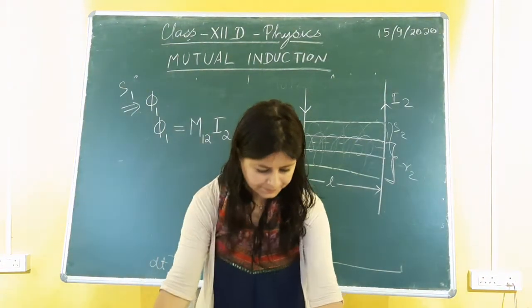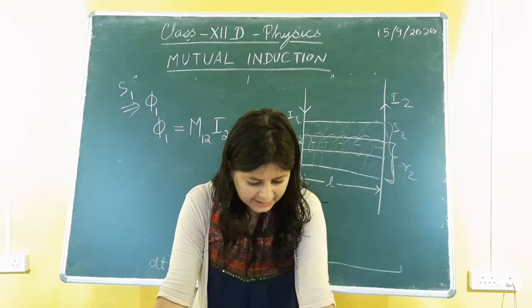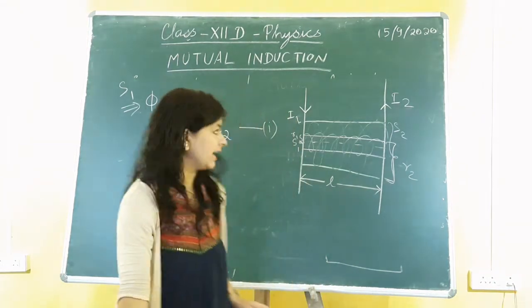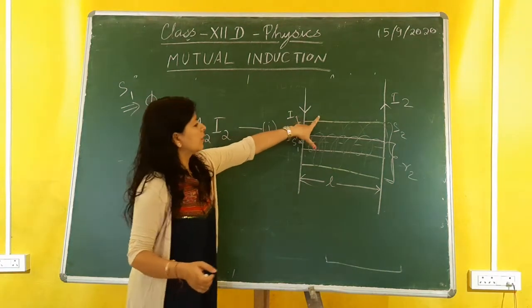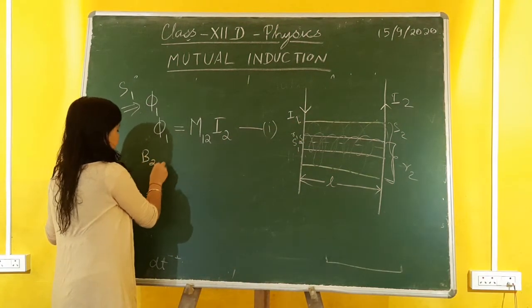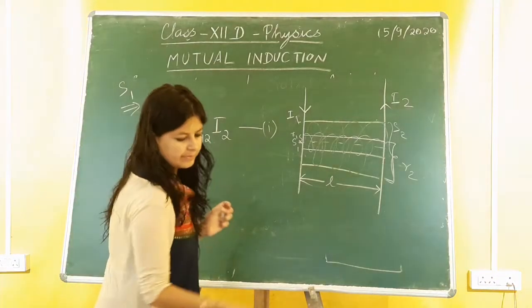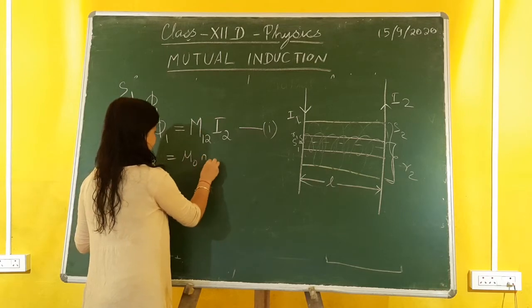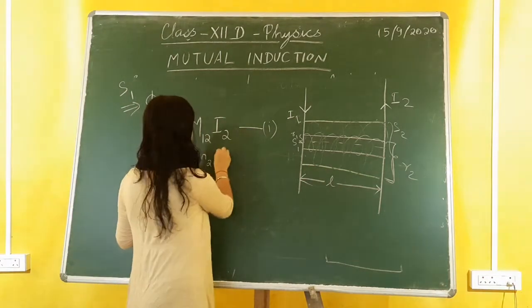Okay. Now, the magnetic field due to current I2 in S2 is, now we are again coming to the outer solenoid, magnetic field in the second coil, B2 is equal to mu naught N2 into I2.